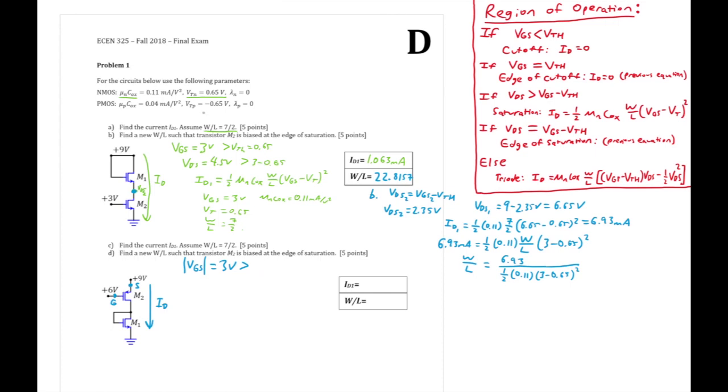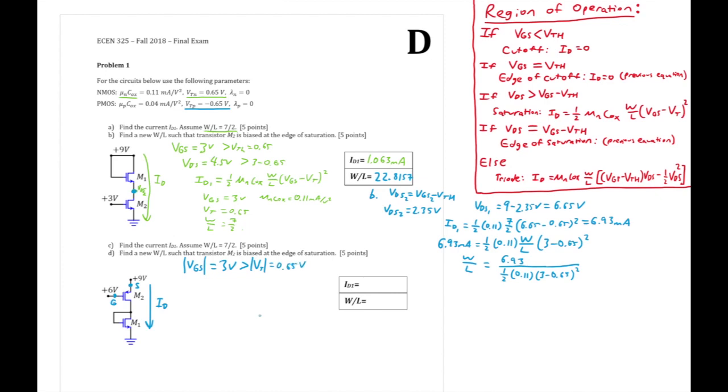One thing to note, this value is actually negative, but that's because our gate and source are flipped in this case. So there's a higher potential at the source than there is at the gate. That's why it's negative. But we get away with just comparing the absolute values of both. So 3 volts is greater than our VT, which is 0.65 volts.